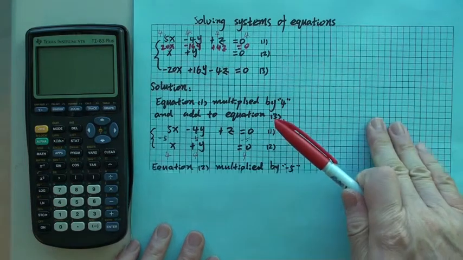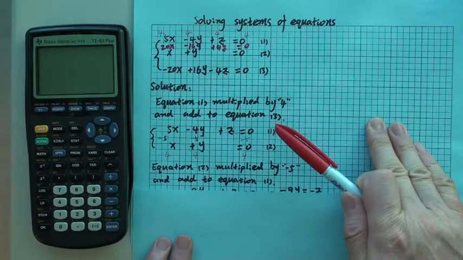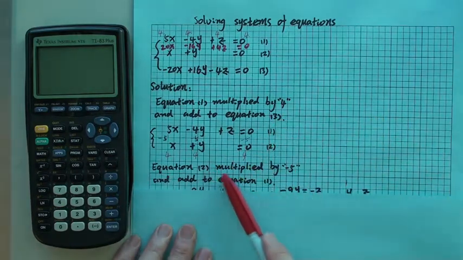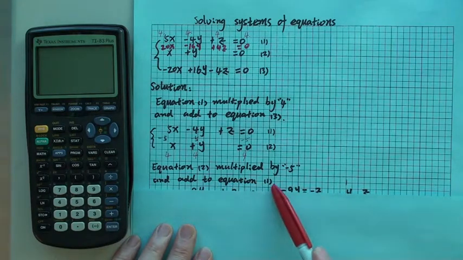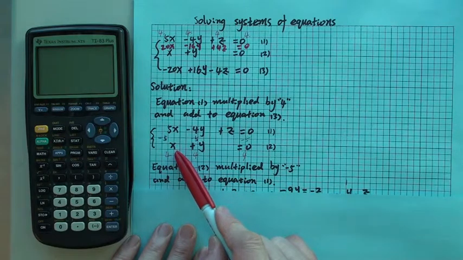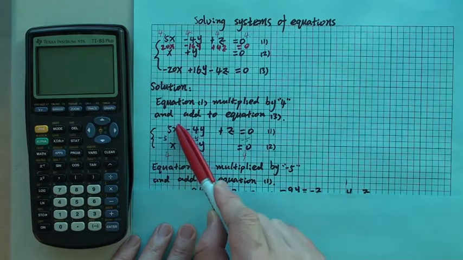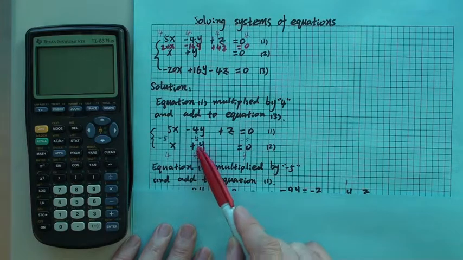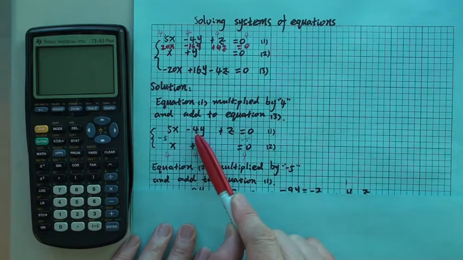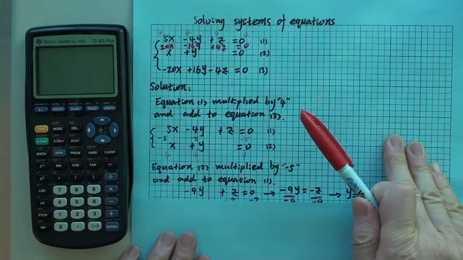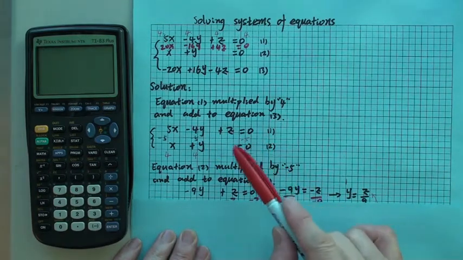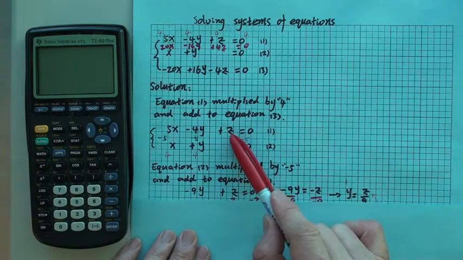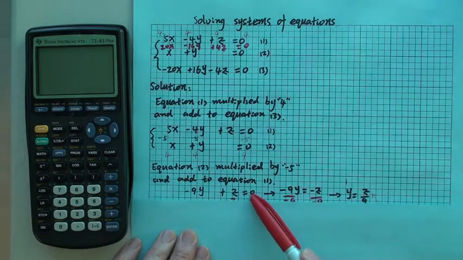So what we did right here is equation 2 multiplied by negative 5 and added to equation 1. Negative 5x, those two cancel. Negative 5y added to negative 4y, you have a negative 9y. And there is no z, so we still have a z equals 0.